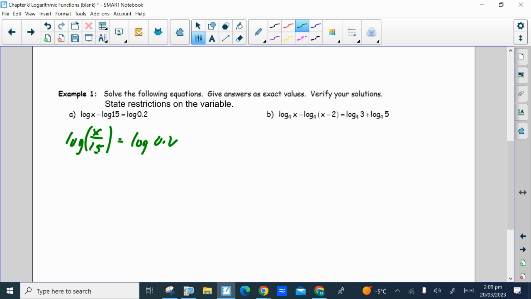So here's what we're going to do next. These two sides are equal. We're told that at the start, that the left side and right side are equal. Because the log with base 10 parts are the same, that means the other parts must be the same as well. We can say that x on 15 equals 0.2.